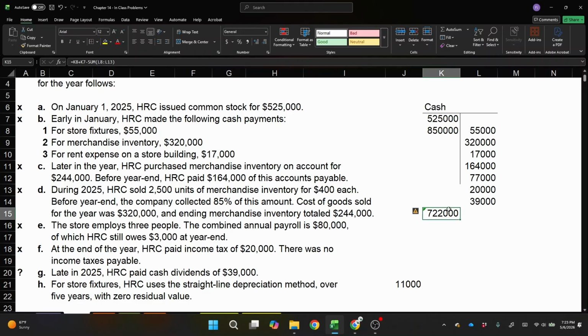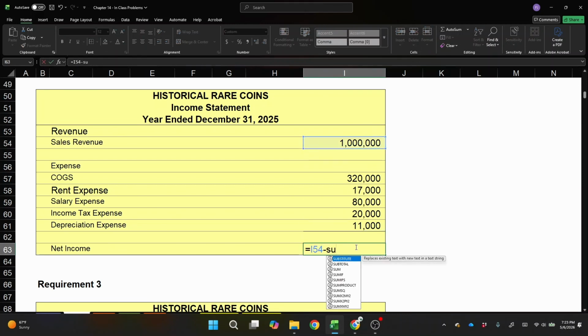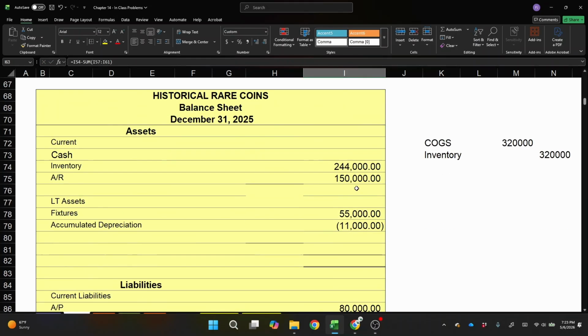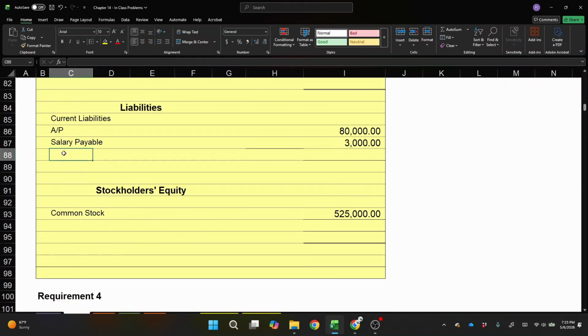This is wrong. There's something that we're missing, but let's just see where we went wrong. So net income is equal to revenue minus the sum of all this. So that's correct. Let's see what our total assets are. Well, let's do the liabilities first. So this is total liabilities, this plus this, so 83,000.